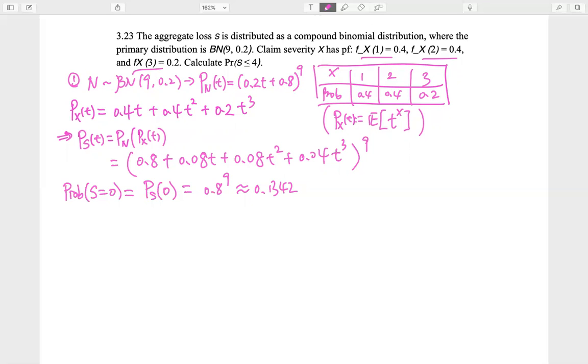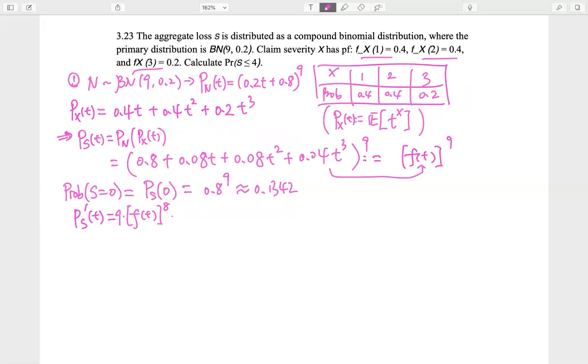To calculate the probability at 1, we differentiate. Let's say the inside part is f(t). The entire thing within the round bracket, we call it f(t). It's a polynomial function. So when we differentiate, 9 will come out, then the order becomes 1 less, that's 8.